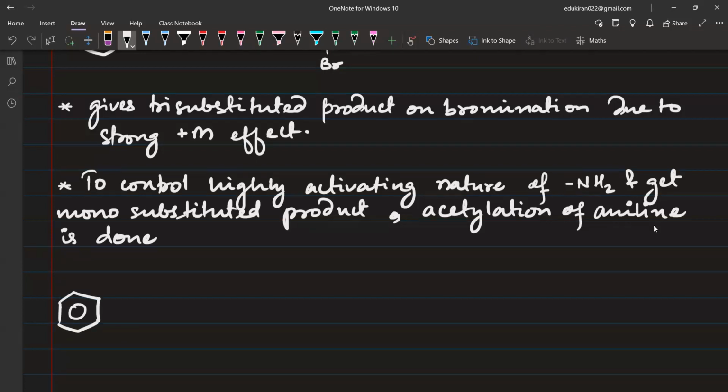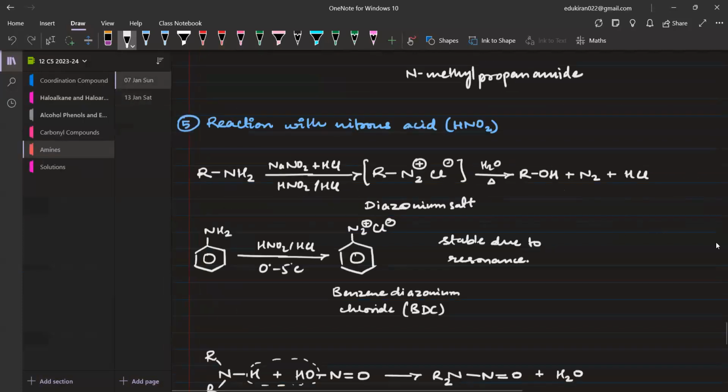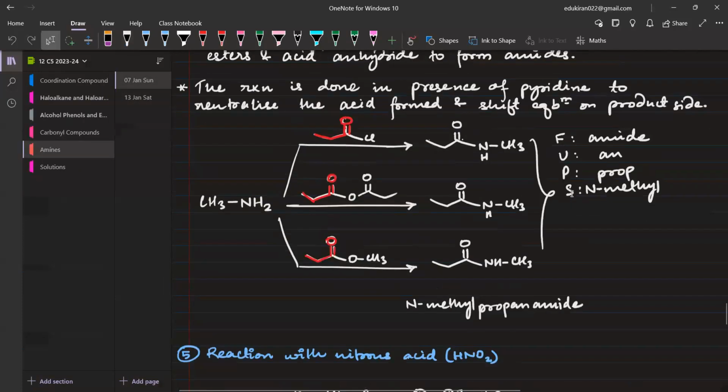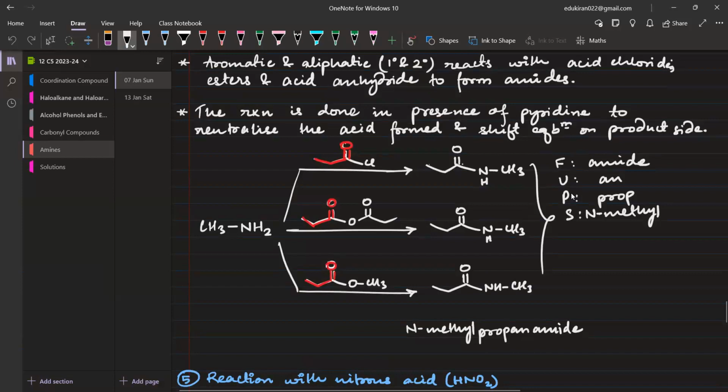We have benzene ring attached with NH2. This is reacted with acetic anhydride. What is acetic anhydride? CH3 C double bond O, oxygen C double bond O and CH3. In the presence of pyridine, as we have seen in the previous lecture. हम लोगों ने देखा था that when you react with acyl chloride, acetic anhydride या फिर ethyl ethanoate, ठीक है, then you will get acetylation.